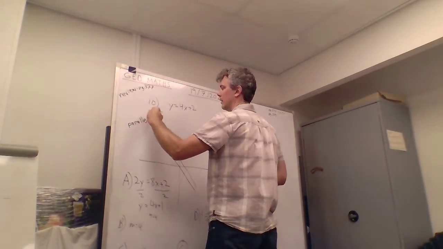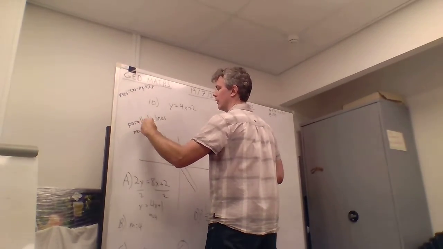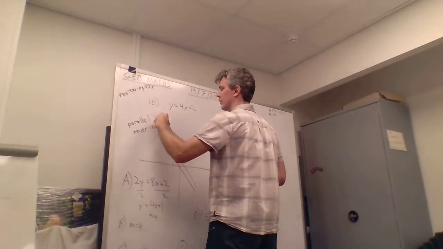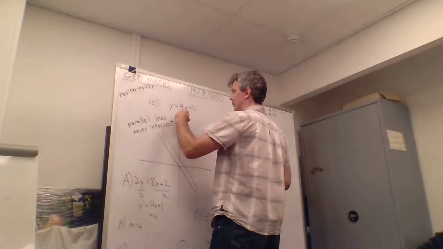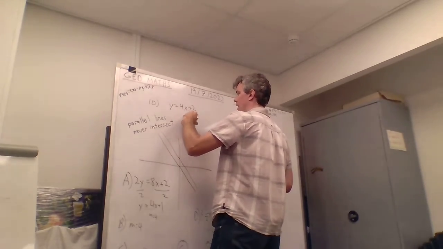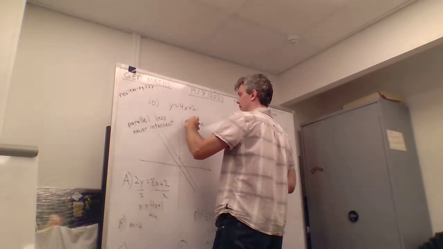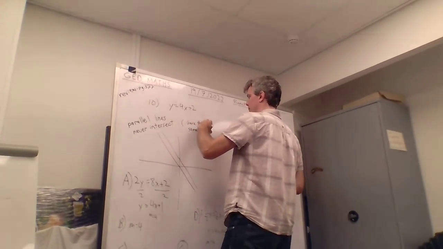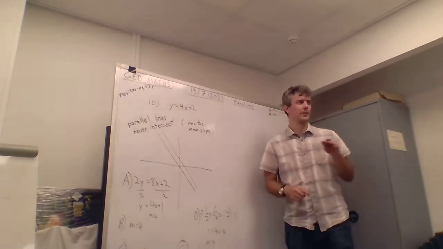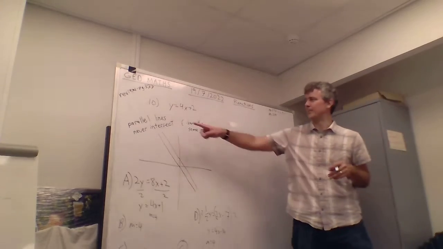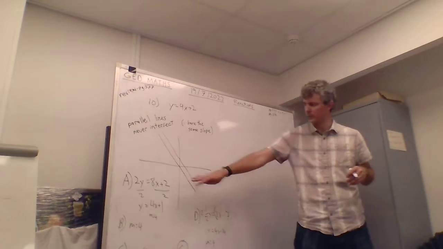Parallel lines never intersect, and that means therefore they have the same slope. Three dots means therefore. So parallel lines never intersect, therefore they have the same slope. So that's what we're testing here.